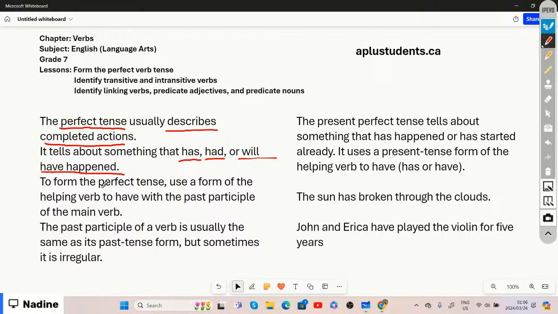And to form the perfect tense, we use a form of the helping verb to have with the past participle of the main verb.